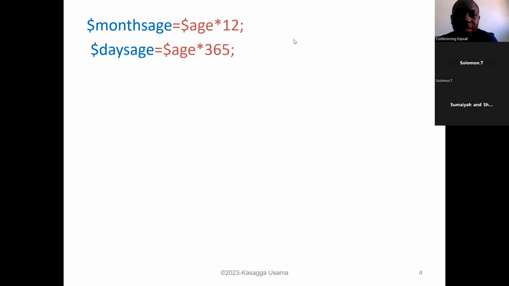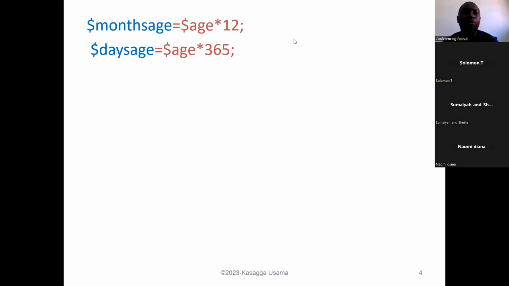And then we can also see that for the day age, the variable is vis-a-vis the number of days in the year, regarding what number of days you have decided to take up.